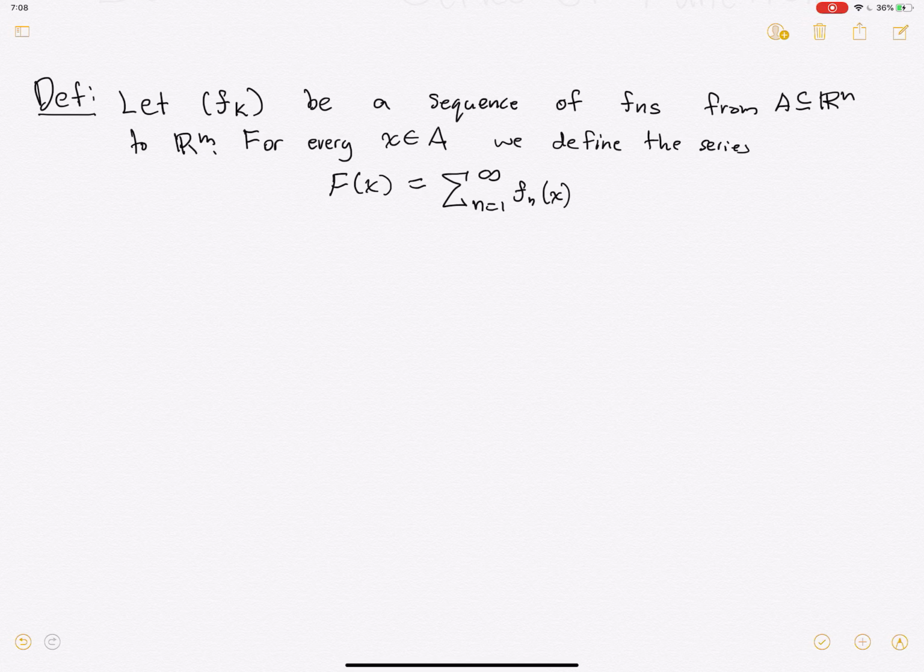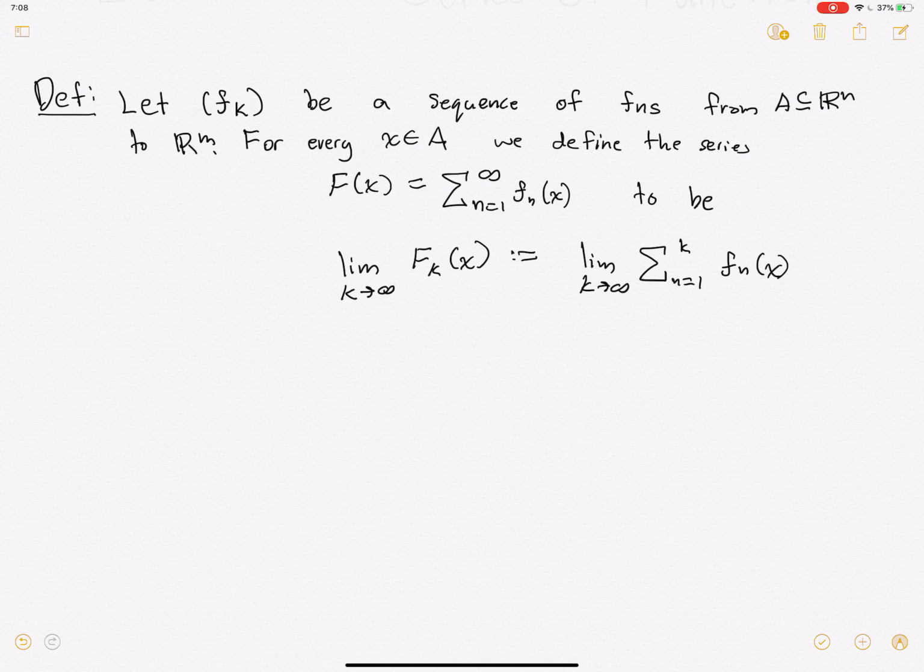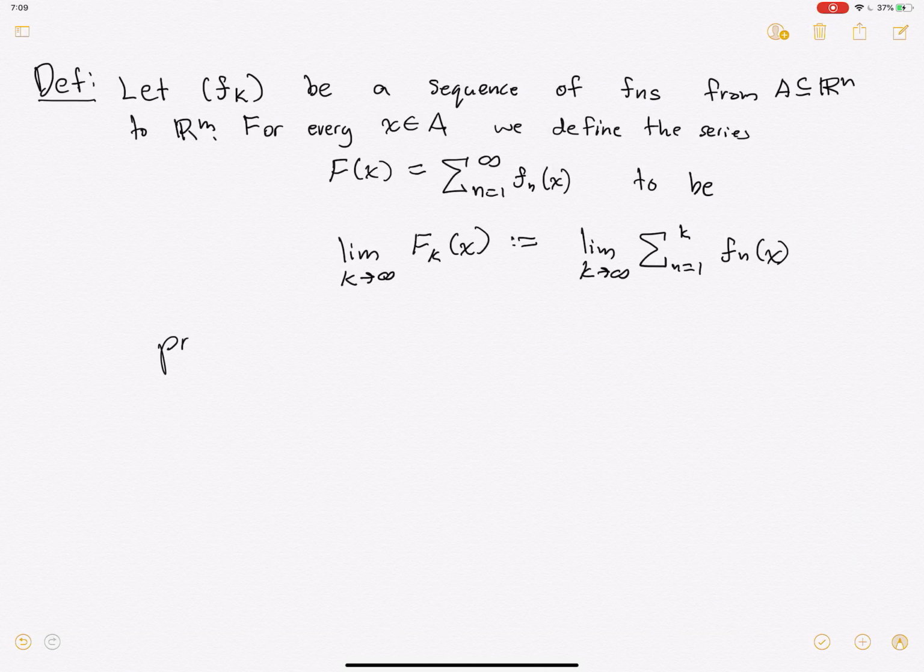And that is going to be the limit as k goes to infinity of this big F_k(x), which we define as the sum of the f_n(x) up to k, this being the pointwise limit, provided the limit exists.